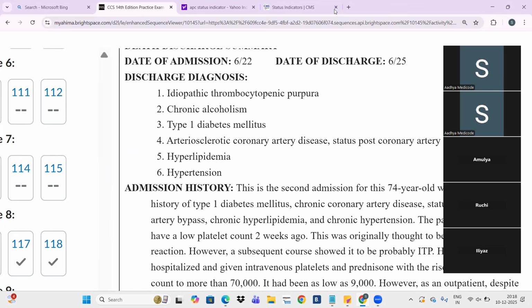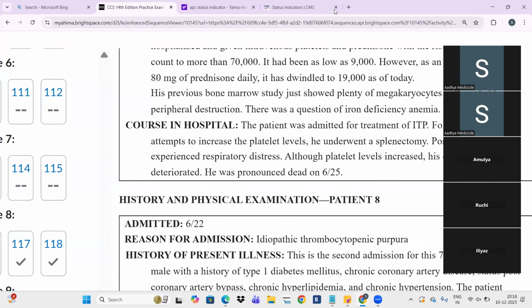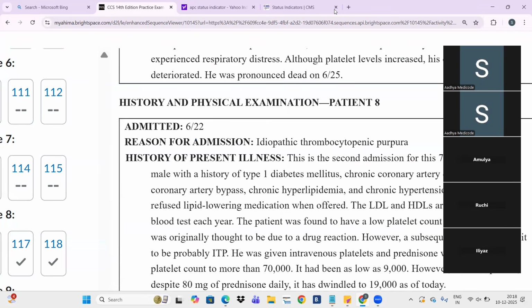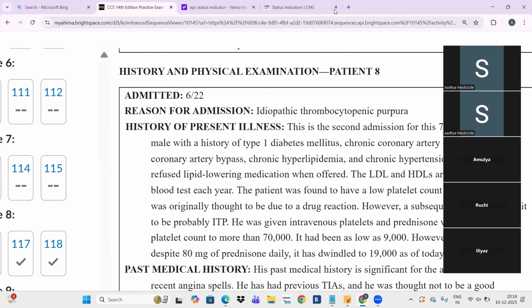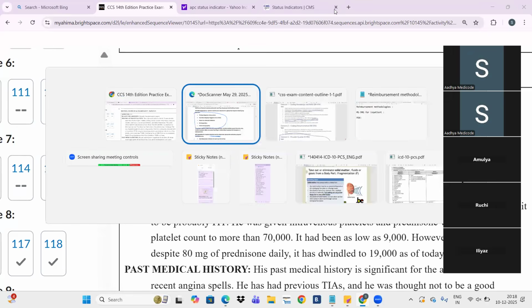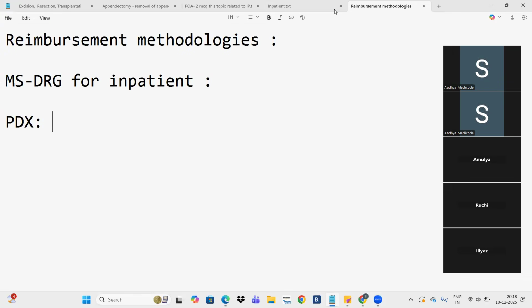We need to identify what the PDX is in this visit after reviewing the documentation. I will now explain in the record how we select the PDX from multiple diagnoses.